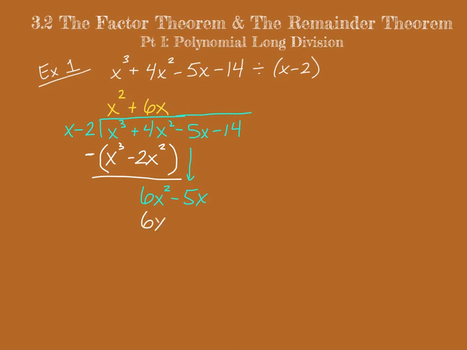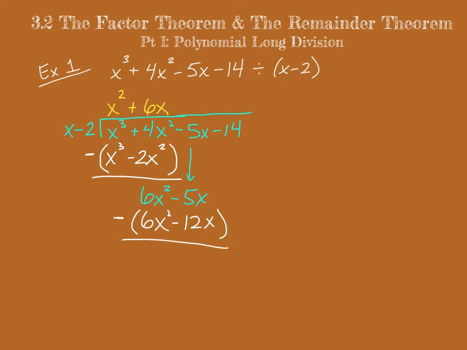We want those to cancel eventually. Then 6x times minus 2 is minus 12x, which we'll write there. So minus 12x. Okay, then we subtract.